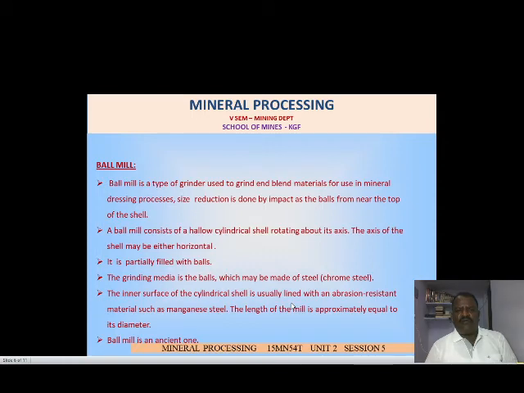Now we will see the ball mill process. Ball mill is a type of grinder used to grind and blend material for use in mineral dressing processes. Size reduction is done by impact as the balls drop from near the top of the shell. A ball mill consists of a hollow cylindrical shell rotating about its axis. The axis of the shell may be either horizontal.